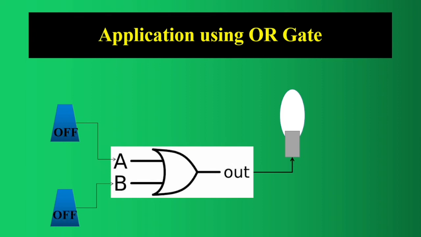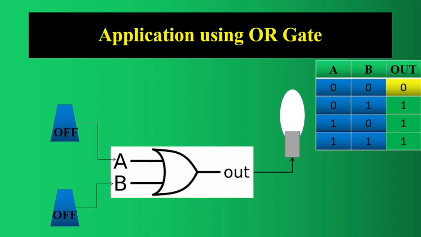You know in OR logic, if any one input is on, the output will be on. Or if all the inputs are off, the output will be off. Now here the two inputs are in off condition. So by the truth table, if the two inputs are off, the output will be off.